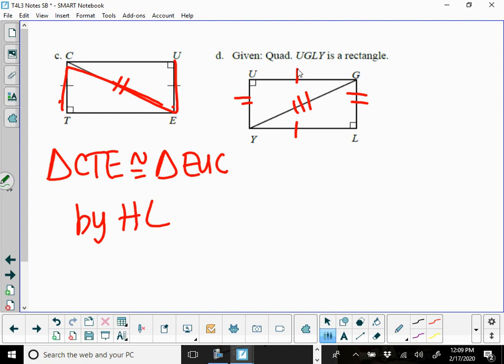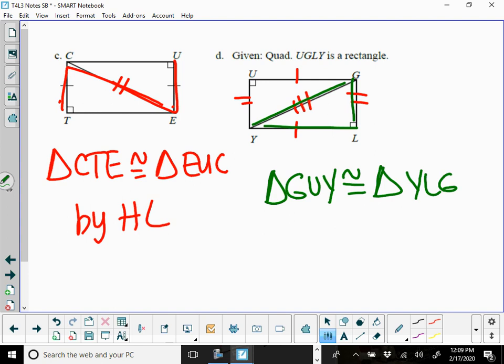So we've got this reflexive property here for that hypotenuse, and then either leg would also work. So we are going to say that triangle GUY is going to be congruent to triangle YLG, and that is by hypotenuse leg.